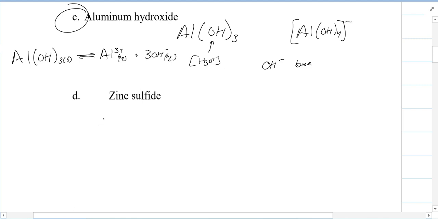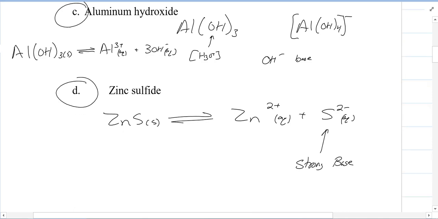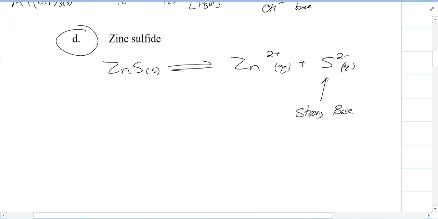Zinc sulfide, ZnS solid, Zn2 plus and S2 minus. Well, that is a strong base. All right, so of course D is. Now, strong bases, just so we know, what are my strong bases?